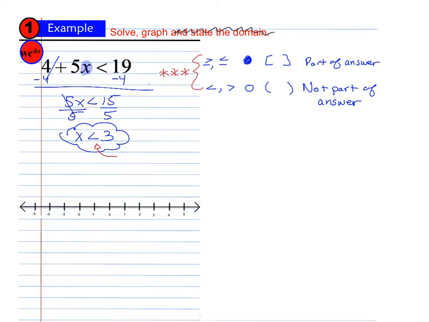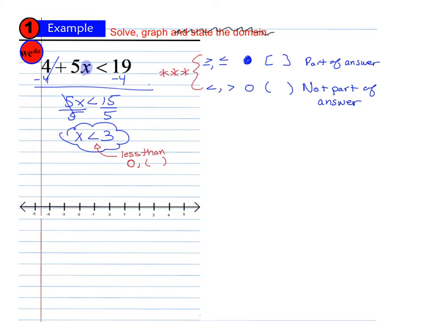That inequality symbol is less than, and that means it's an open circle and parentheses. This right here that I just wrote down in red is what you should be thinking anytime you see your final inequality. That's what you're going to use to graph your inequality answer.